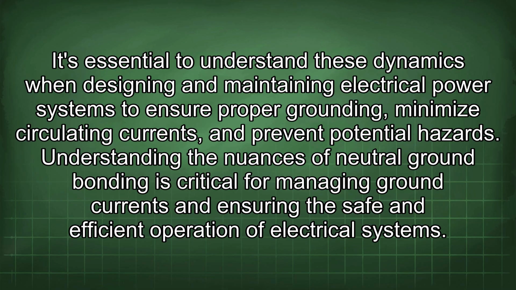It's essential to understand these dynamics when designing and maintaining electrical power systems to ensure proper grounding, minimize circulating currents, and prevent potential hazards. Understanding the nuances of neutral ground bonding is critical for managing ground currents and ensuring the safe and efficient operation of electrical systems.